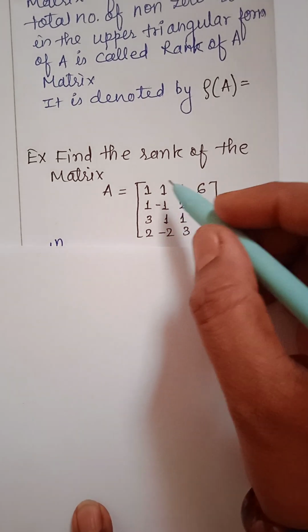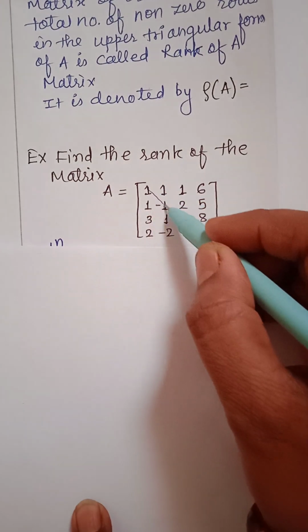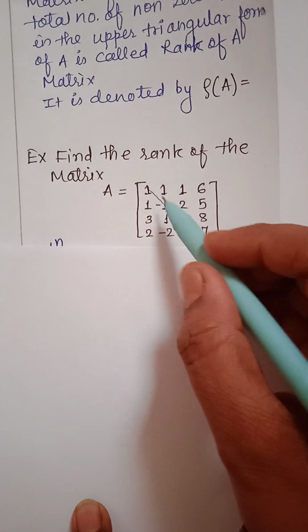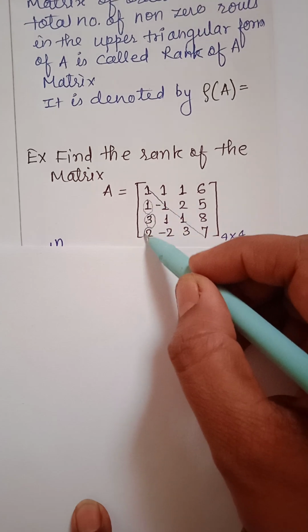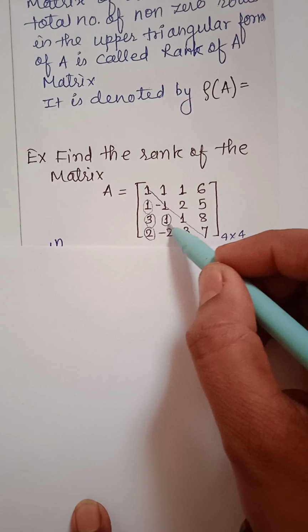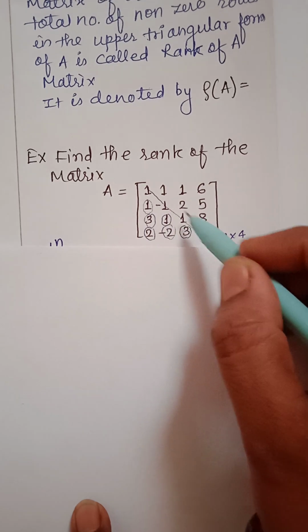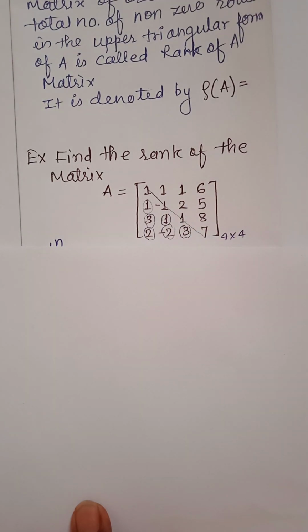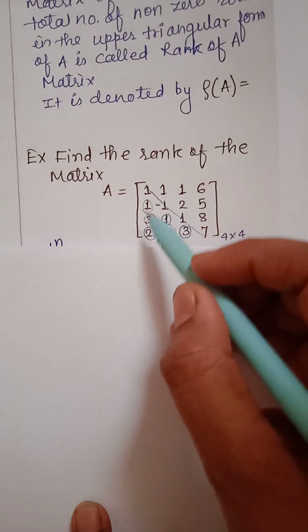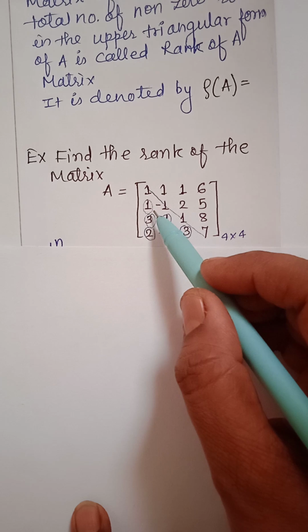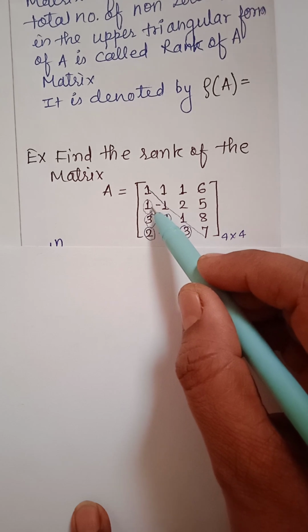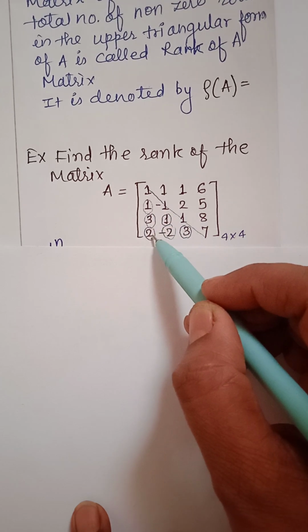As we know what is upper triangular form, below this principal diagonal you have to make all these entries equal to 0. So first we make this entry as 0.